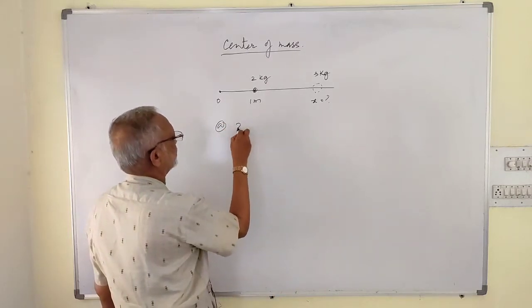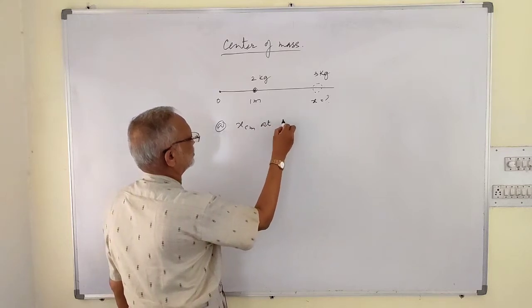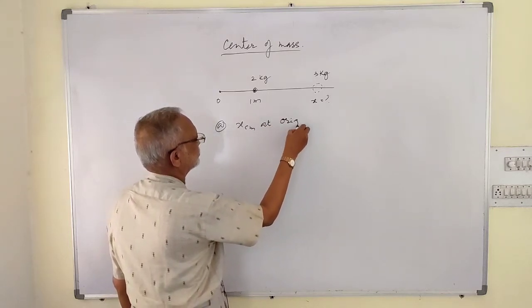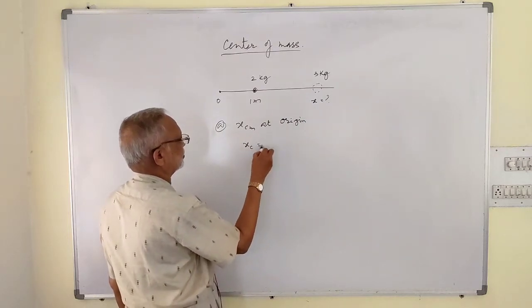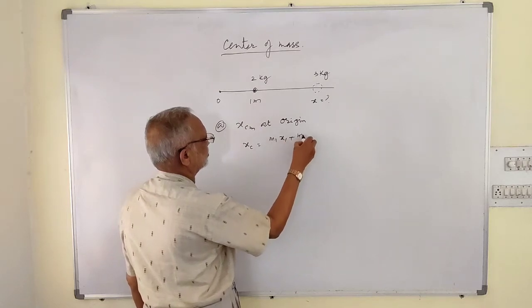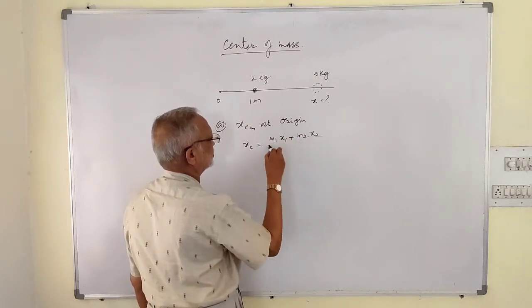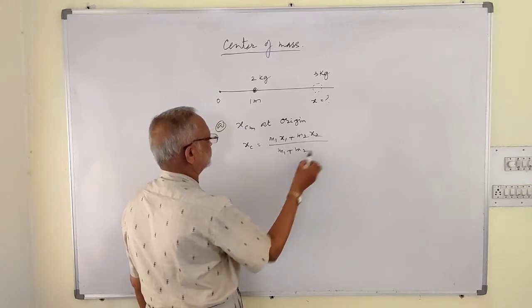Now let us take part A. In this one we want the center of mass at the origin. We know that x is equal to m1 x1 plus m2 x2 divided by m1 plus m2.